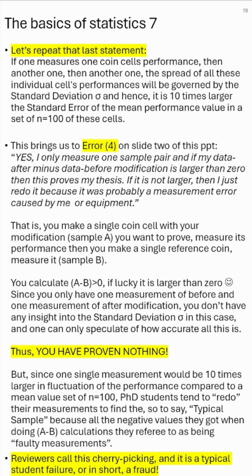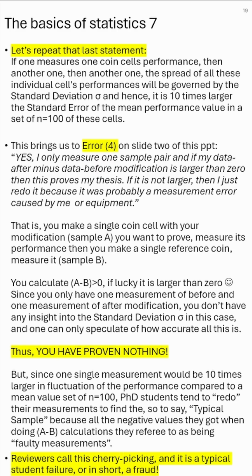So if you do that kind of calculation, what is actually going on here is that those negative values, you don't just put aside and not count as real data, thinking there's something flawed in them. And the ones that actually show some performance, those you keep. And then you say, here you see how they increase, right? In this case, you have proven nothing.